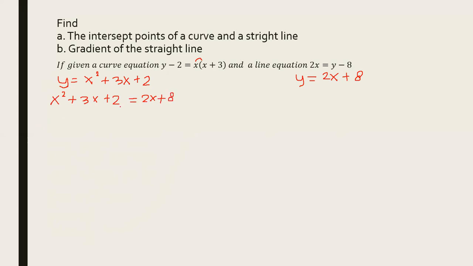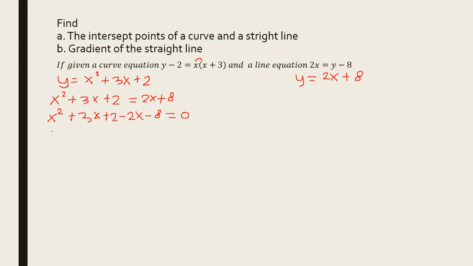Now, if 2x and 8 move from the right side to the left side, such as this one, look, x squared plus 3x plus 2 minus 2x minus 8 equals 0, right? Why 0? Because 2x and 8 have moved from the right side to the left side. If they move, the sign has to change, from positive to negative.